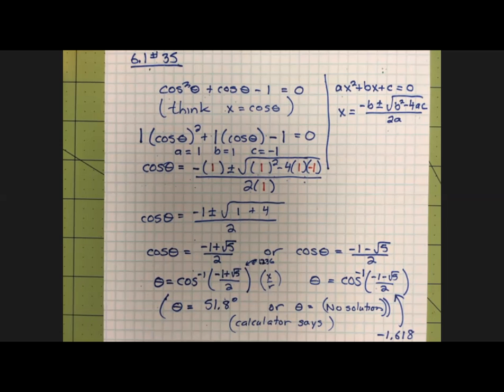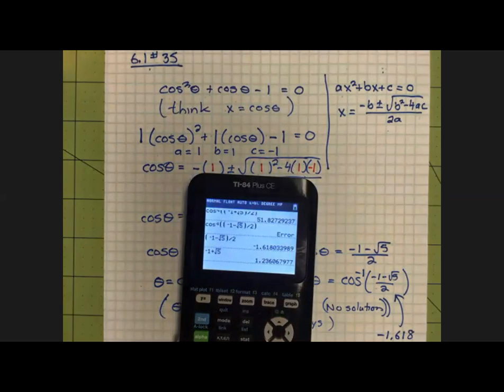I have to make it in that interval. So I could say 51.8 degrees shy of 360. So it's 360 minus 51.8, which is 308.2. Right?